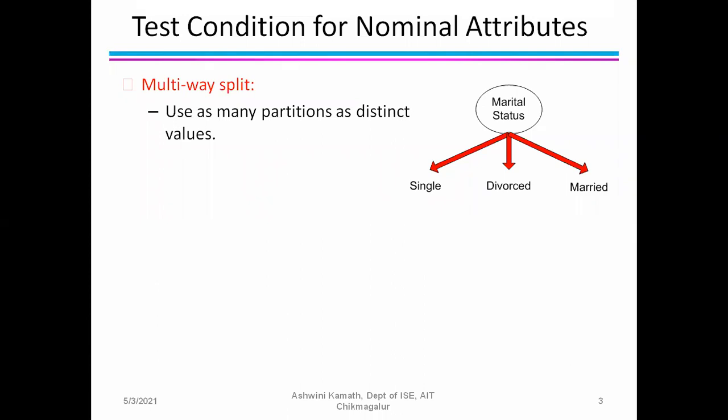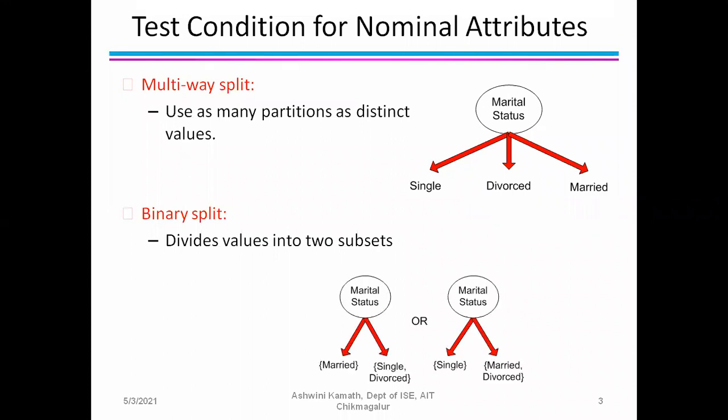That is, use as many partitions as distinct values. That is, if you have 10 distinct values, use all the 10 distinct values. So that is 10 partitions or 10 divisions. Okay. Or you can use the binary split. Divides values into 2 subsets. This is what we have done, right? So marital status, married, then single or divorced in single group.